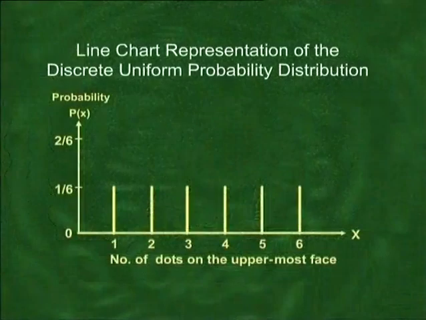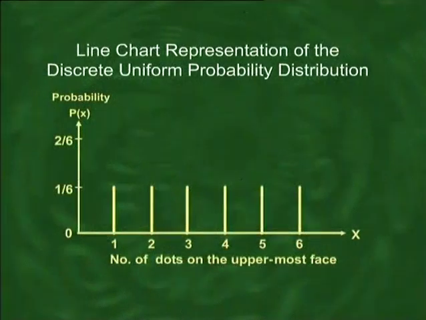So, if we draw the line chart of this probability distribution, we have a uniform distribution as you now see on the screen. Since the height of each of the 6 lines is equal to 1 over 6, hence we get a horizontal impression, and that is why this is known as the discrete uniform distribution.